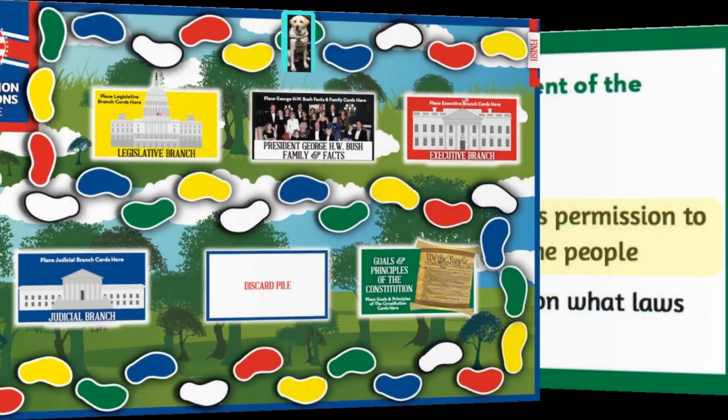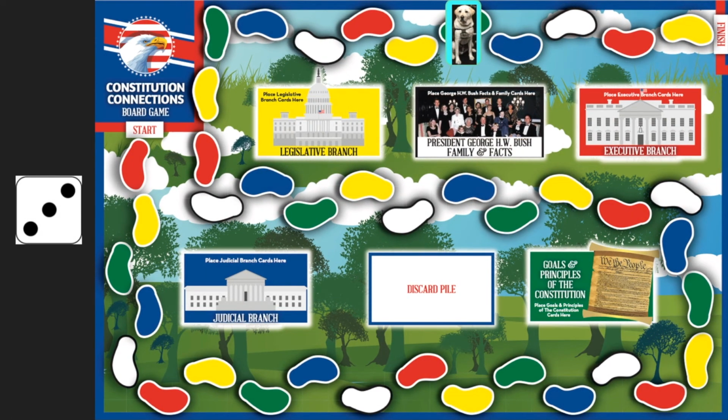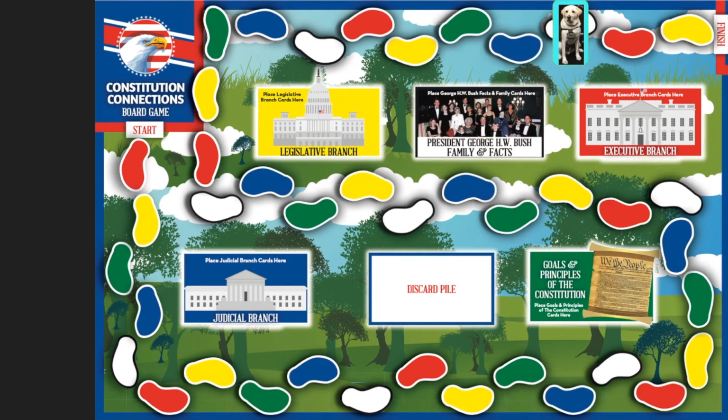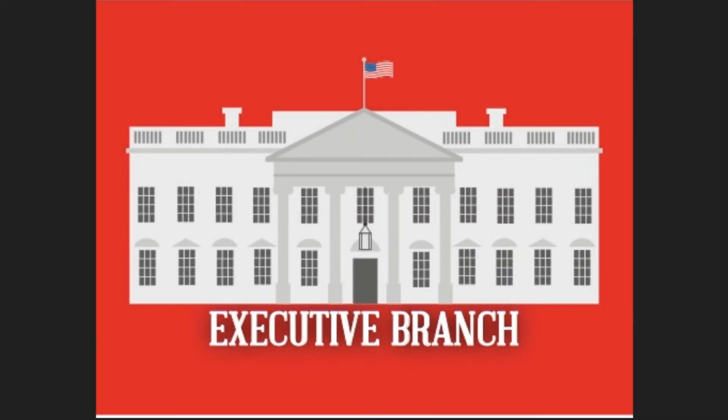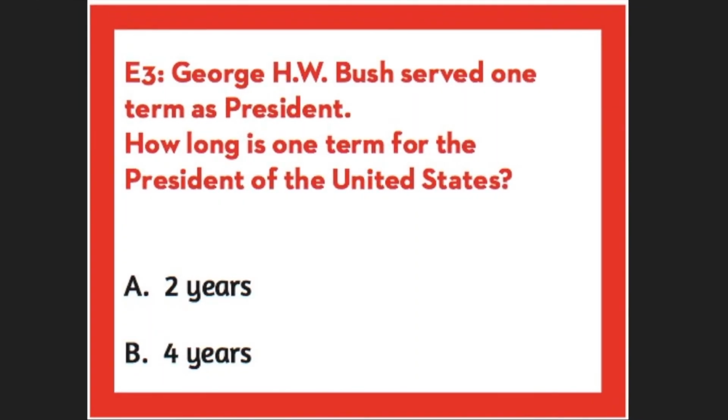Okay, next one. Next one is 3. So 1, 2, 3. Okay, that gives us an executive branch question. Again, that is the branch of government that does what? Okay, I think we're ready for the question. George H.W. Bush served 1 term as president.